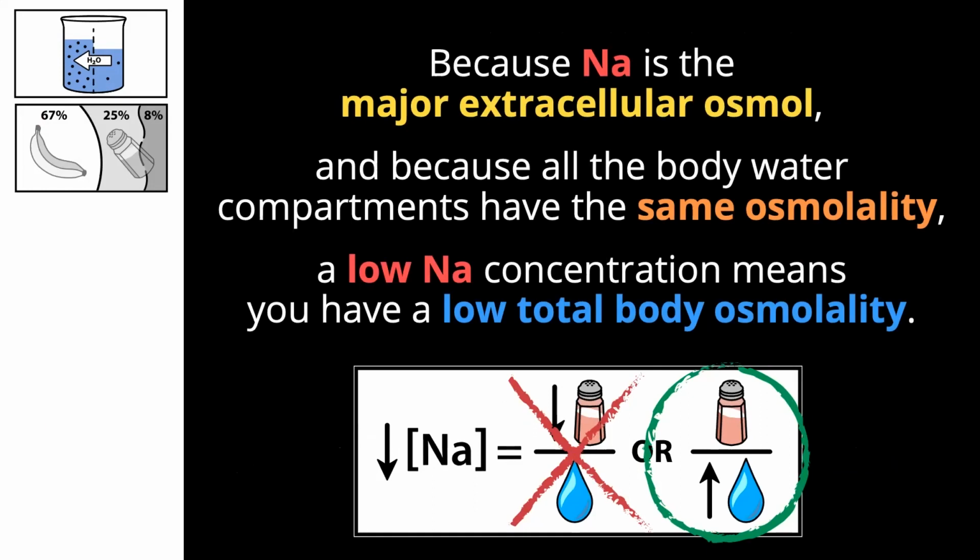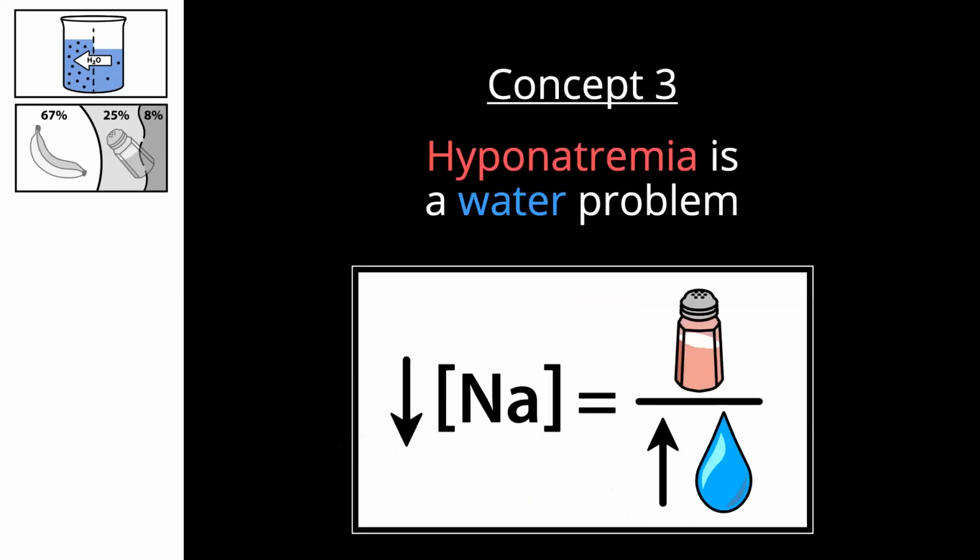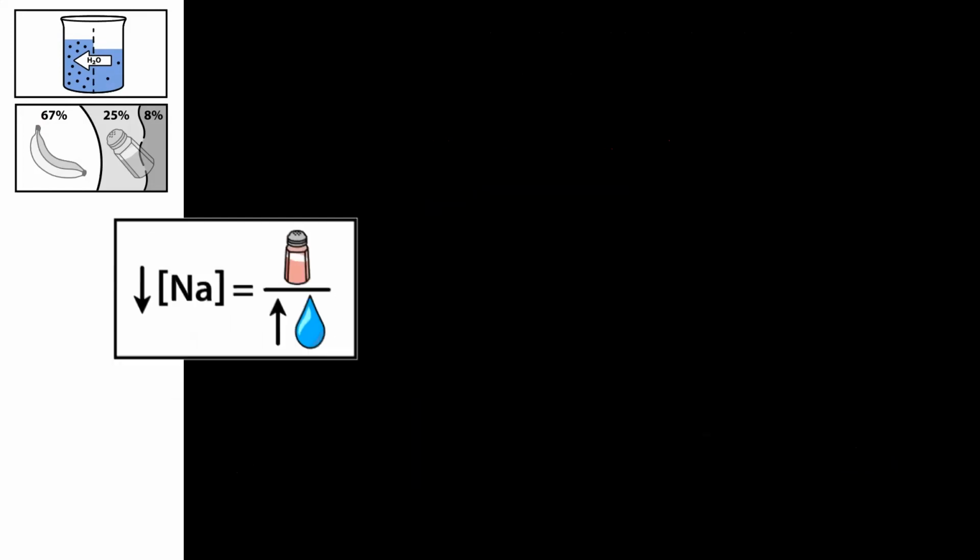Because sodium is the major extracellular osmol, and because we are all the same osmolality in all of our cells in the body, when you have a low concentration of sodium, what that means is too much water. And that means a low total body osmolality, a low concentration of stuff in the solvents of our body. Okay, great. So there we have our third concept, that hyponatremia is a water problem.